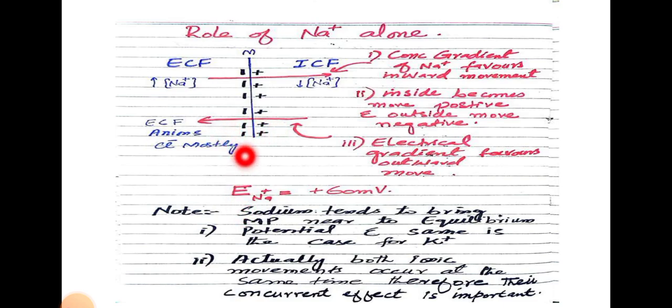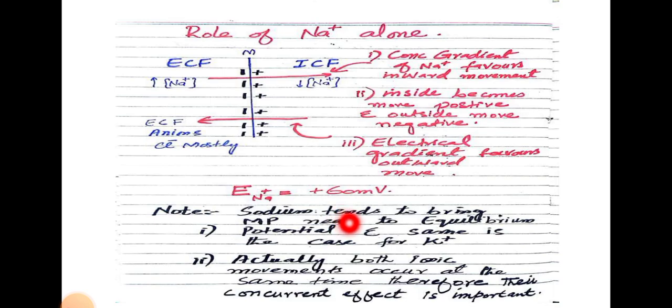When both the concentration gradient and electrical gradient cancel each other's effect, such a potential is called the equilibrium potential, and the equilibrium potential for sodium is plus 60 millivolts. Plus means the polarity of inside.